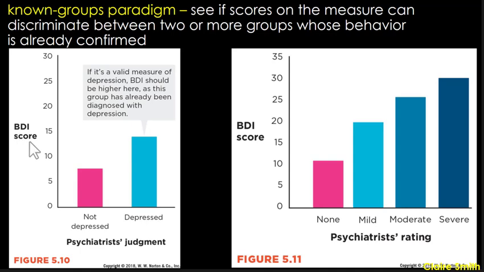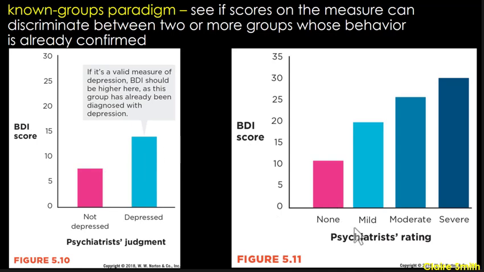Have them take this BDI, this test that we want to see if it's valid or not, and compare their scores. We know depressed people obviously are already depressed, so if this is actually measuring depression, they should score higher than the group that's not depressed. See how that works? Hopefully. You can't ask questions, so hopefully. So you could do that with just two groups, depressed or not depressed.